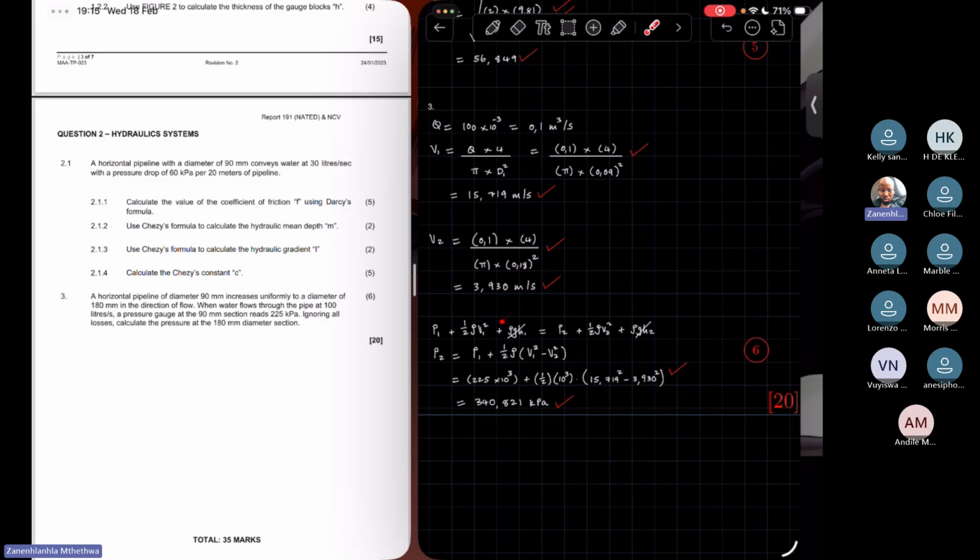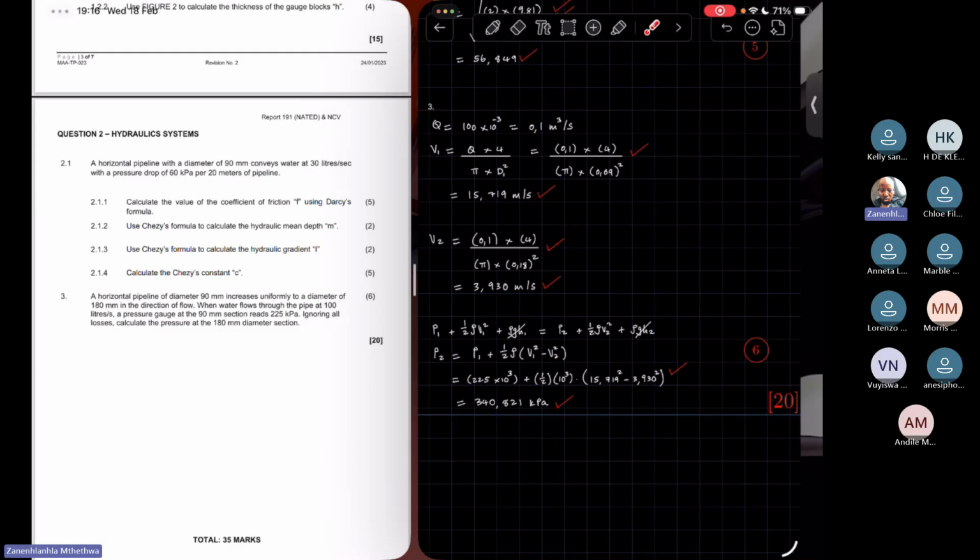So you take this term to that side, and then you get P1 plus half rho. And seeing that half rho is common for both terms, I took it out as a common factor. And then in my brackets, I have V1 squared minus V2 squared. And then you substitute.